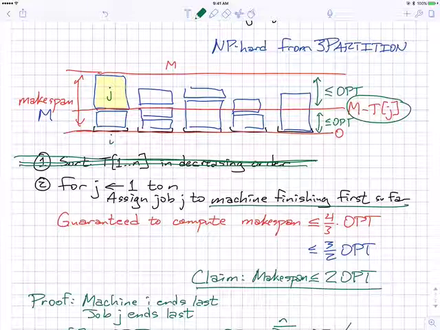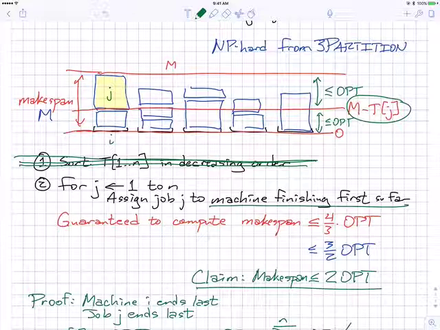Now, there are other jobs in here that might have come in after J, but those later jobs will only make the other stacks bigger. So what I can conclude from this is that if I remove job J, this stack that shows me the schedule for machine I should be the shortest of all of the stacks that are left, which is in fact the case here.